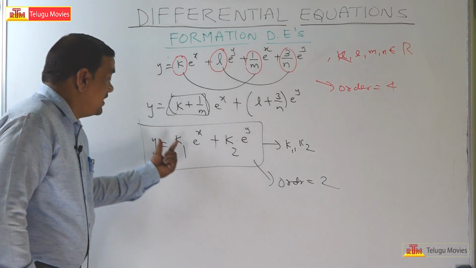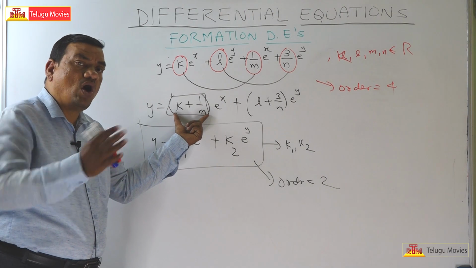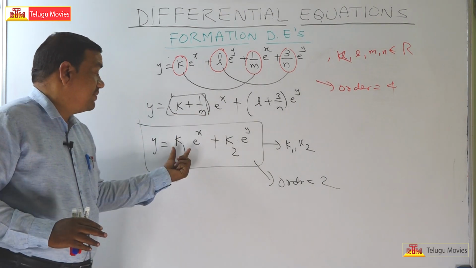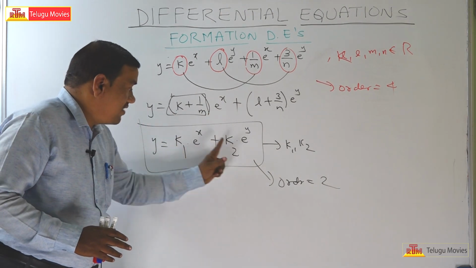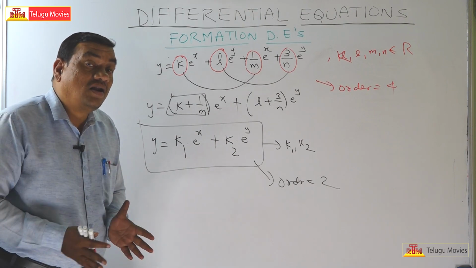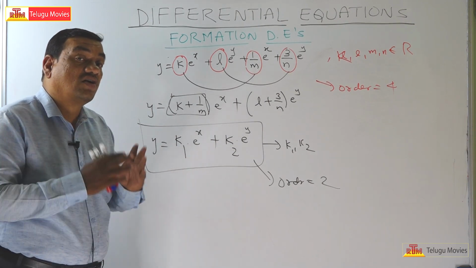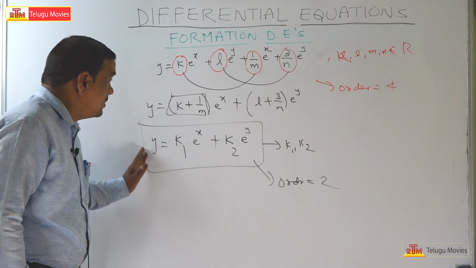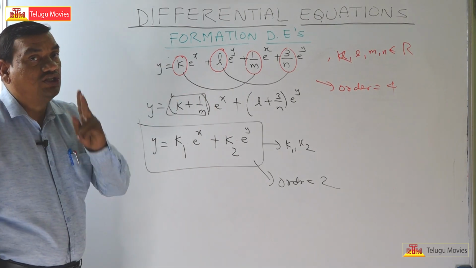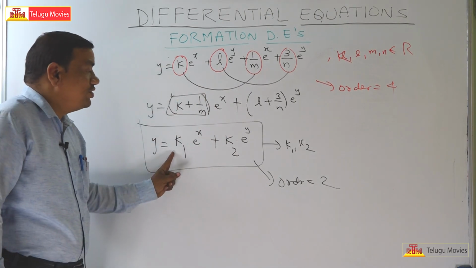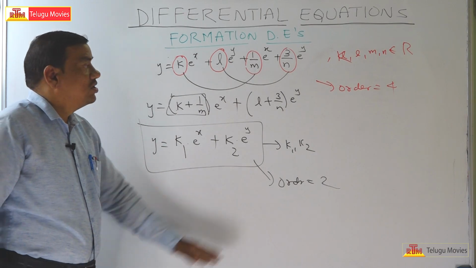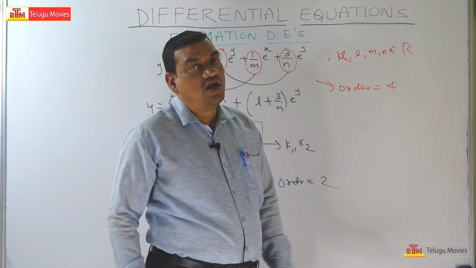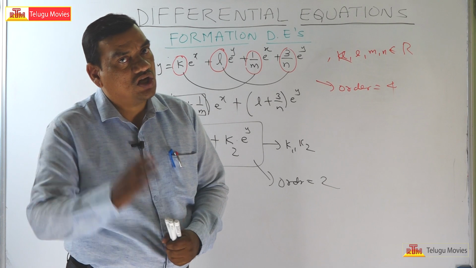Then the sum or product of any 2 constants can be written as another constant. So these k1 and k2 are called real arbitrary constants, they are called effective constants. That is why the order of this differential equation is 2 only. Therefore, you need to differentiate only 2 times, not 4 times. Now I hope that you understand this concept.